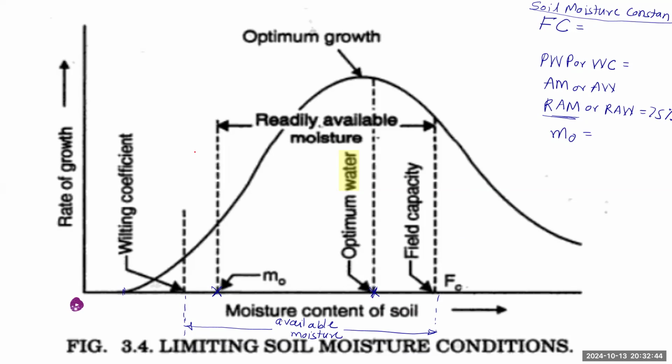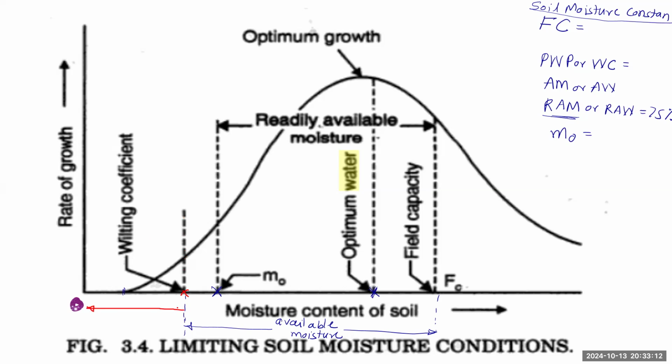So see, the rate of growth of crop is very close to zero if the moisture content is less than the wilting coefficient. See this particular dotted line. This particular point is what? It is the moisture content equal to the wilting coefficient. If the moisture content is less than this, then crops will not grow.